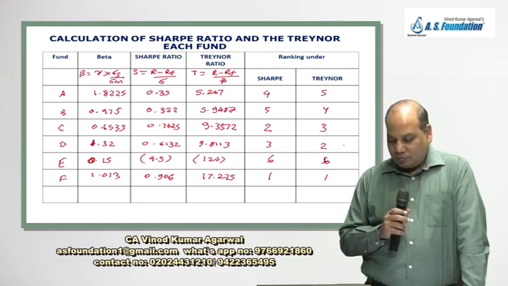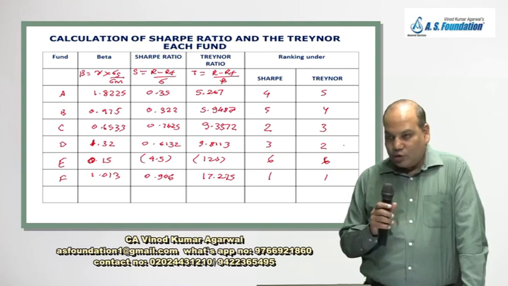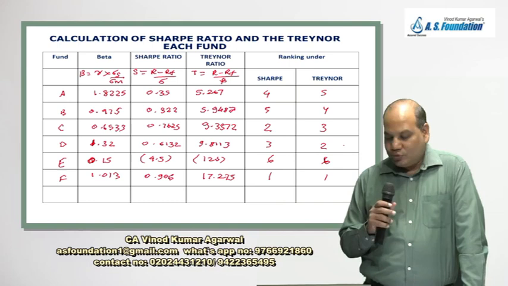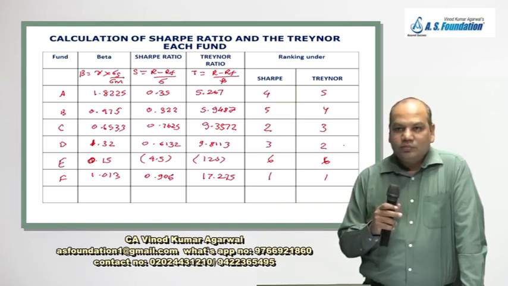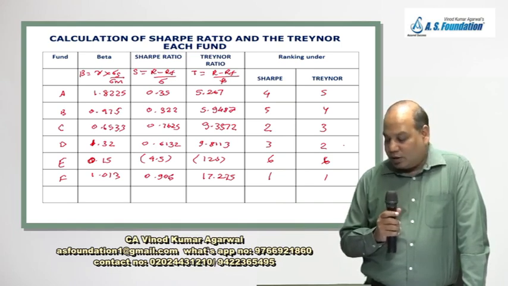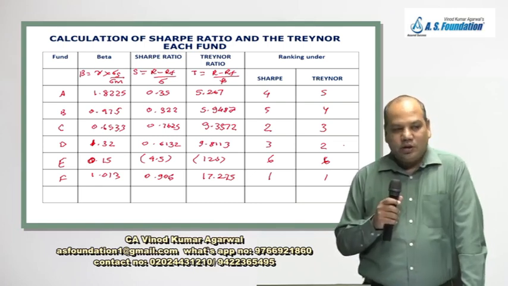Yes or no? Higher the correlation, higher the beta, because R is written in the numerator: R into sigma s upon sigma m. So if R is high, your beta will be high. And beta is written in the denominator now. Higher the beta, lower the Treynor ratio.